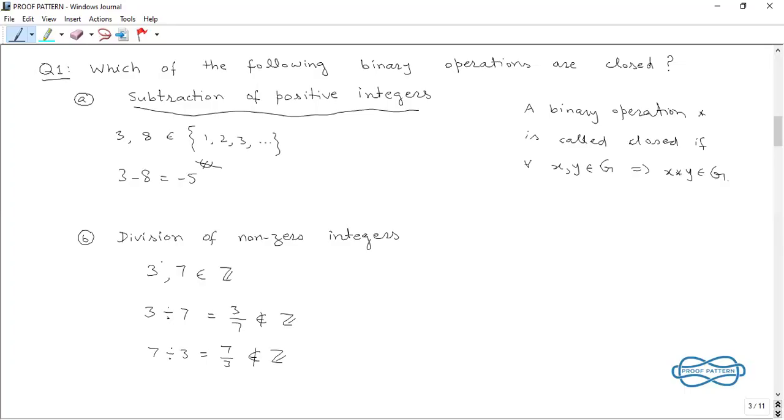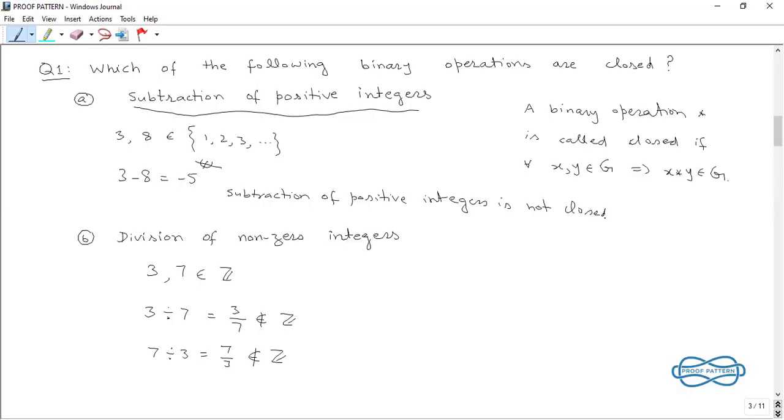So the answer is, here we will write the answers. Subtraction of positive integers is not closed.